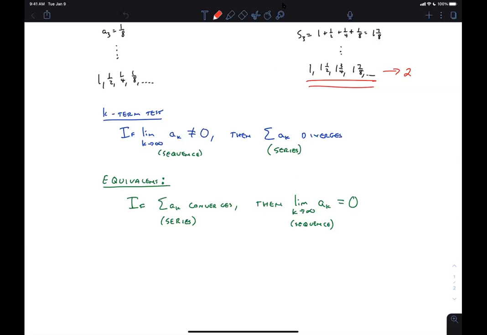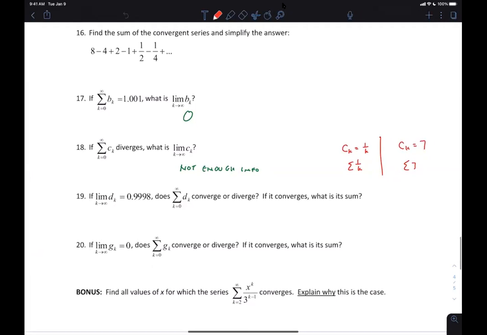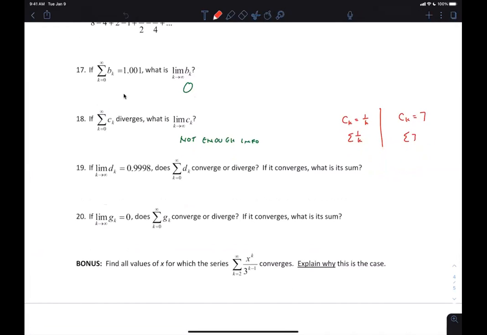Okay, so then if we go back to here, on number 19, I'm telling you the limit of dk is 0.9998. So dk, is that the sequence or the series on number 19? Yeah, that's the sequence. So the sequence goes to 0.9998.